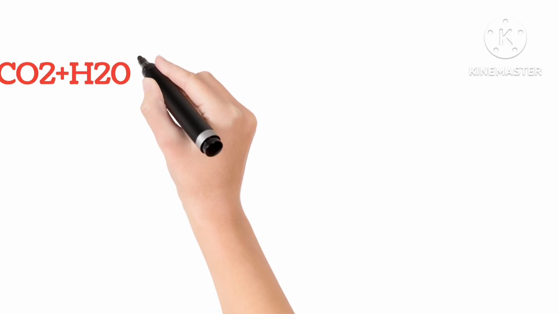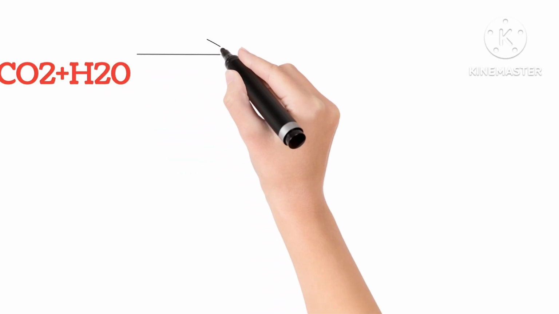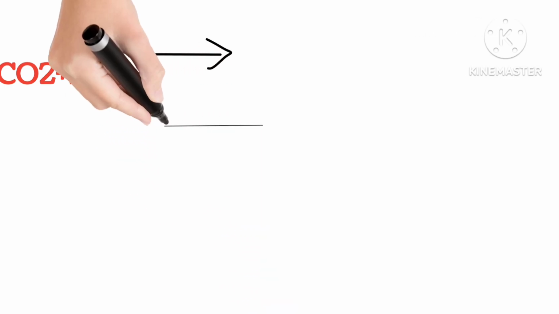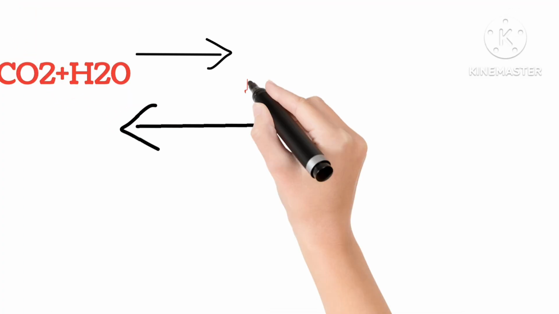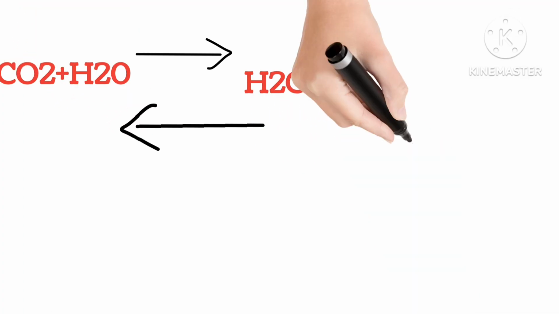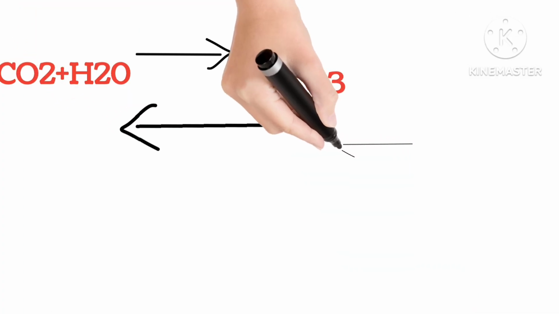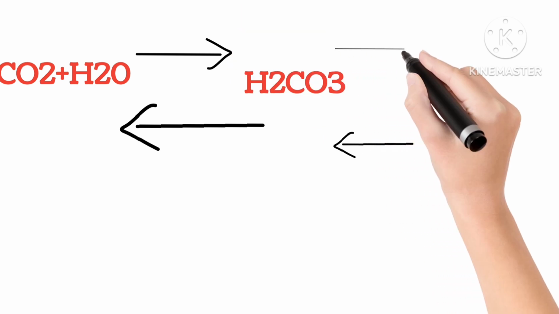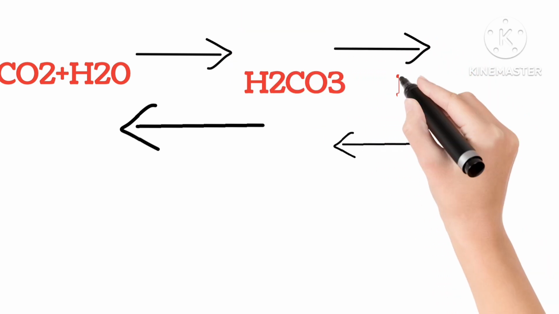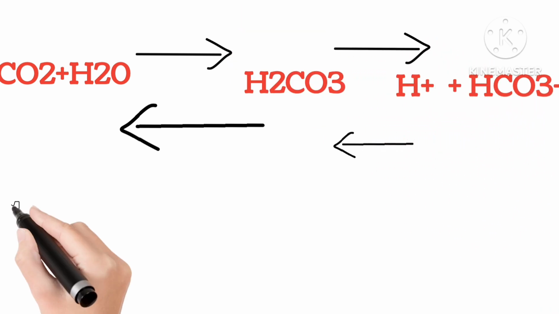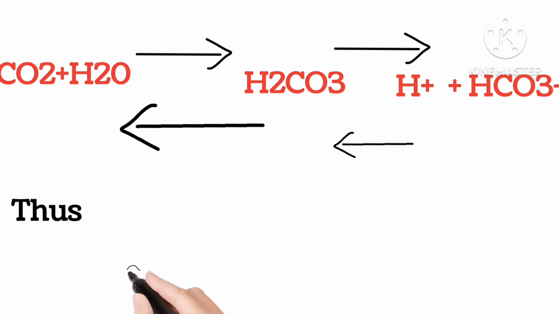Coming back to the equation, carbon dioxide reacts with water to form carbonic acid, and this is a bidirectional reaction. This carbonic acid immediately dissociates into hydrogen ion and bicarbonate. This is again a bidirectional equation.